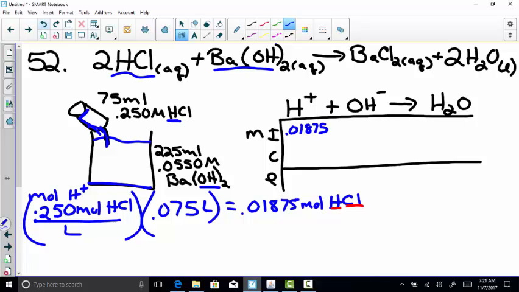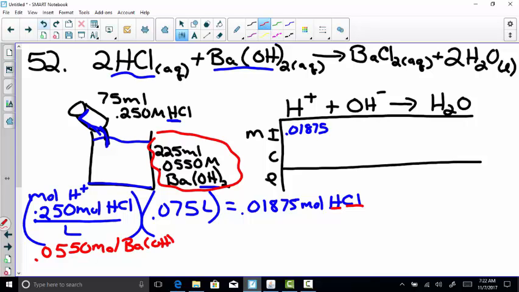Then, we're going to do the same thing for the hydroxide solution. So I have 0.0550 moles of barium hydroxide per liter times 0.255 liters.